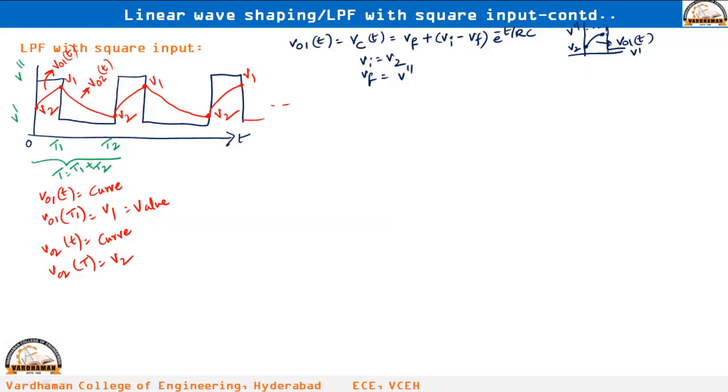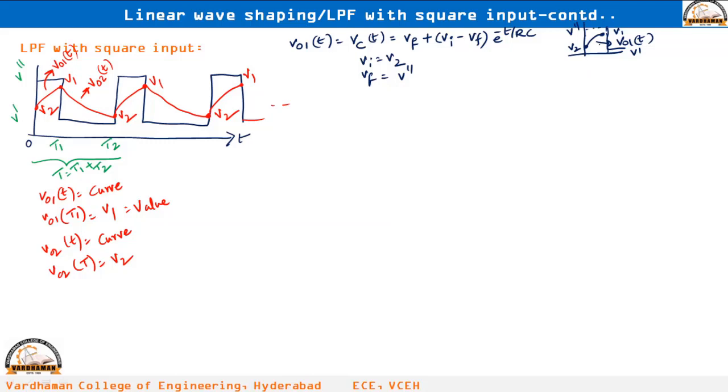Because of the discontinuity, it charged up to V1 only. Otherwise, if there is no discontinuity, it can charge up to V double dash. Because the input is V double dash just before the discontinuity. If you maintain the V double dash only, the capacitor can charge up to V double dash. That's why the final value we have to take V double dash.